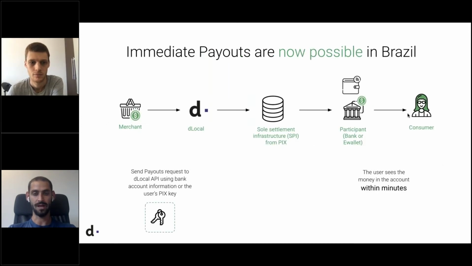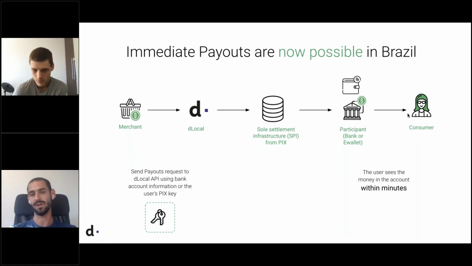So the flow looks as follows. The merchant will send an instruction to dLocal using, for example, the user's PIX keys. Let's say a merchant needs to send a certain payment to a certain customer. They collect just the email or the phone number of the user, and if the user did register that key into a PIX account, then we will send this transaction through the SPI.